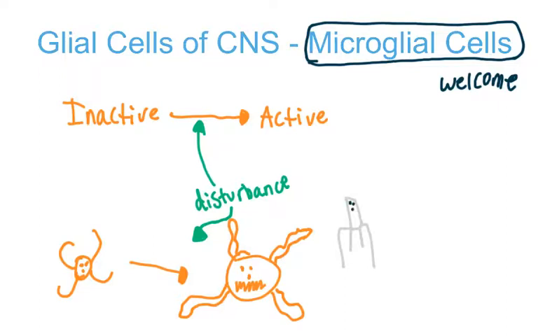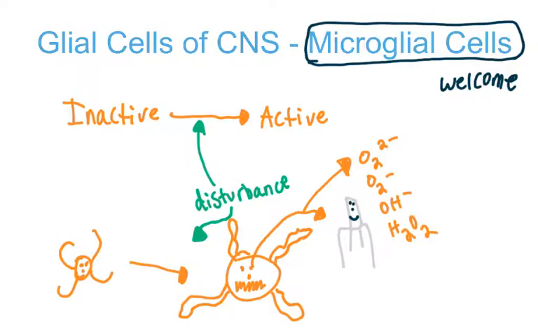Remember that these are glial cells of the central nervous system. This virus is coming here, but this microglial cell will try to release very toxic and cytotoxic chemicals like maybe peroxides, right? Peroxides or superoxides or hydroxyl groups or hydrogen peroxide.